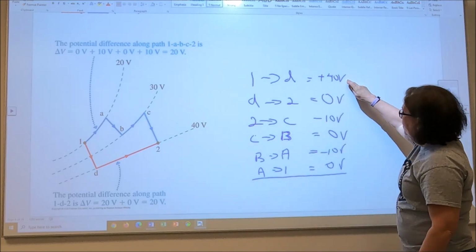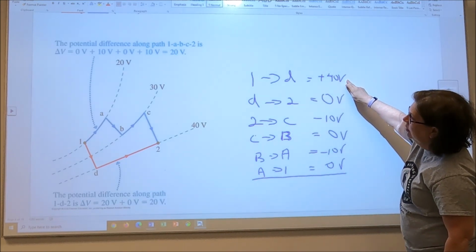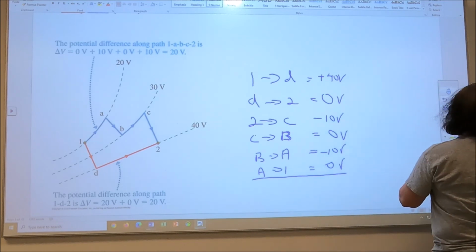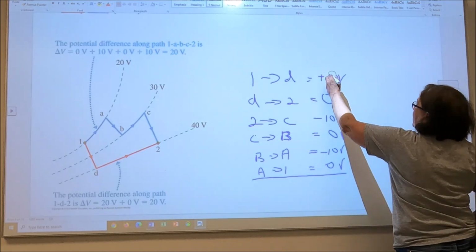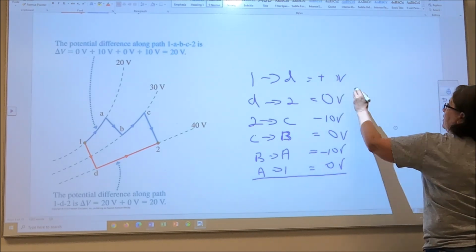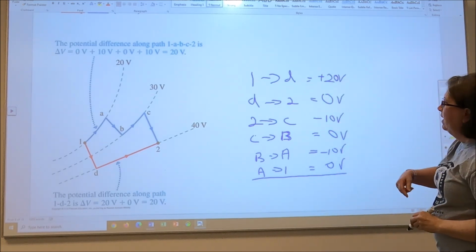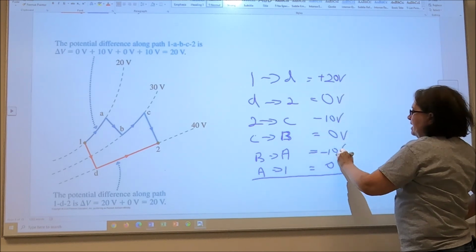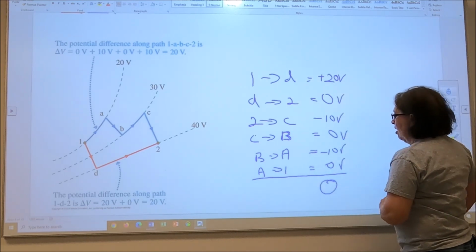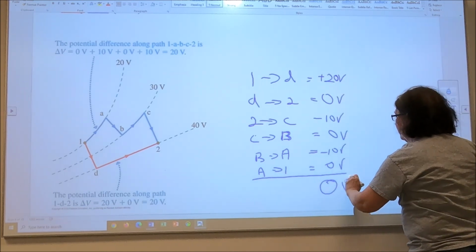If you add that up, excuse me, I erase that. This should be 20 volts because I went from 20 to 40. So 20 minus 10 minus 10, that all adds up to 0 volts.